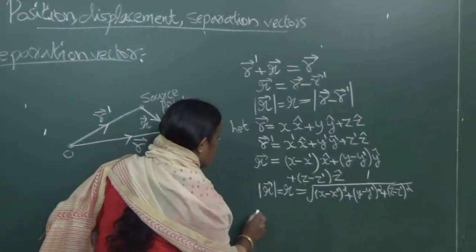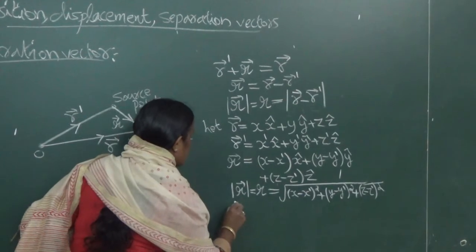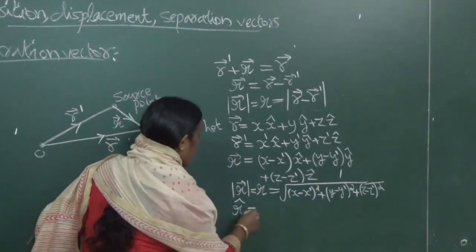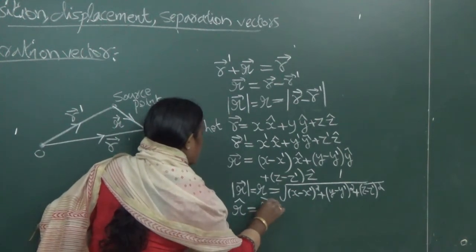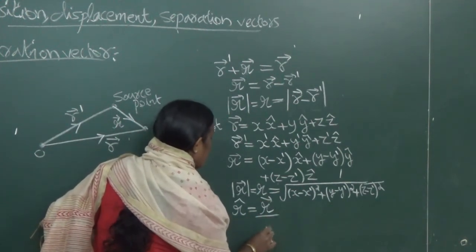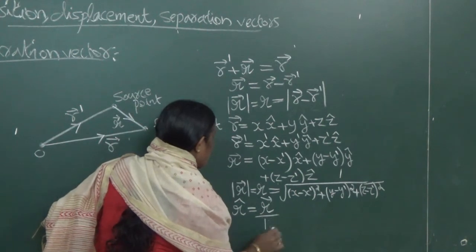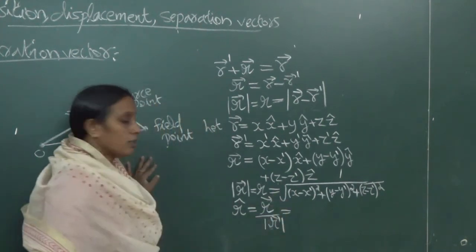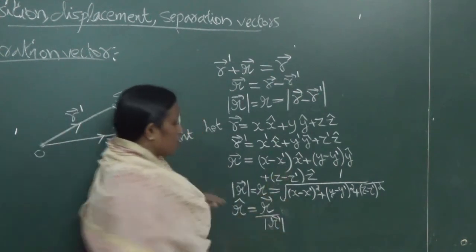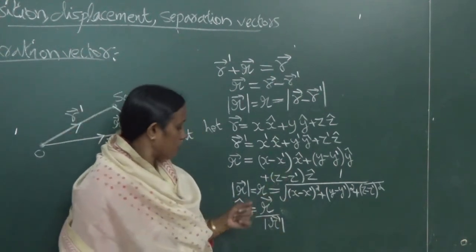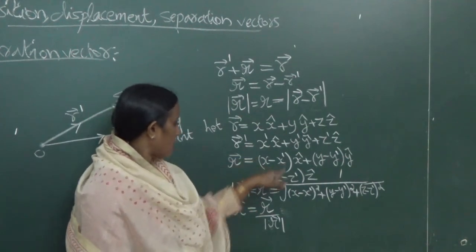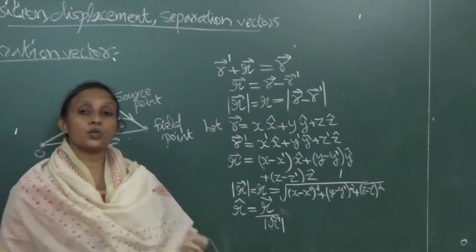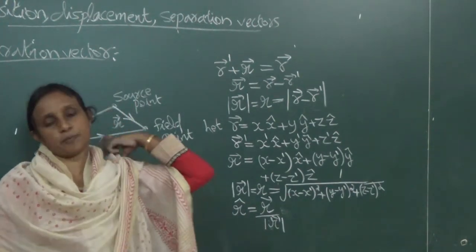Now what about the unit vector of the separation vector? Script r cap equals script r divided by the modulus of script r. So now you can substitute here. I am not doing it now. You can write vector r and divide by this. This gives you the unit vector along the separation vector.